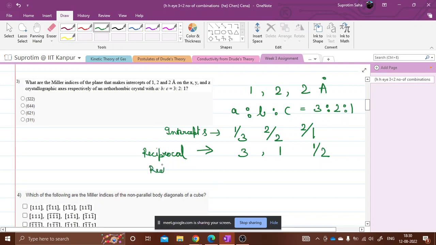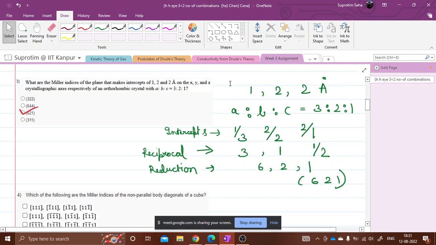Reduction plus the integer, that is, we multiply it by 2, so that will fetch you 6, 2, and 1. So your Miller indices are 6, 2, 1. So the correct answer is 6, 2, 1.